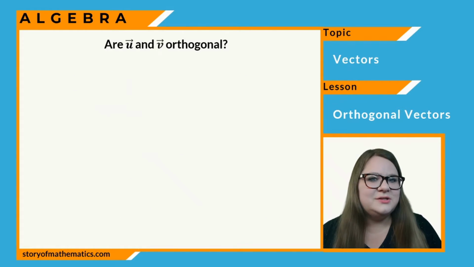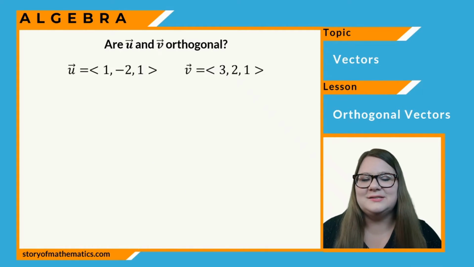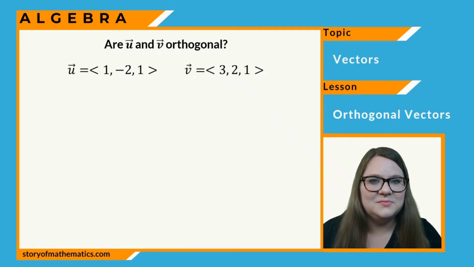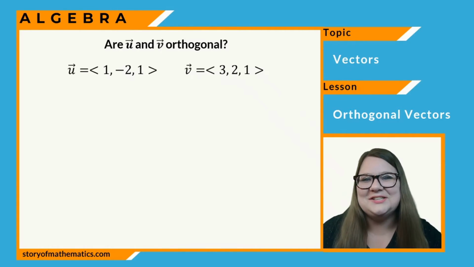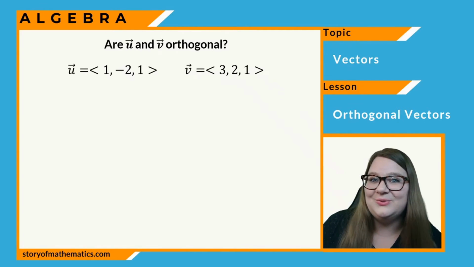All right, what happens if I switch it up? What if instead of two-dimensional vectors, I switch to three-dimensional vectors? Does that change things? Nope, it's still the same process. You're still going to use the dot product. So let's say u equals (1, -2, 1) and v equals (3, 2, 1).